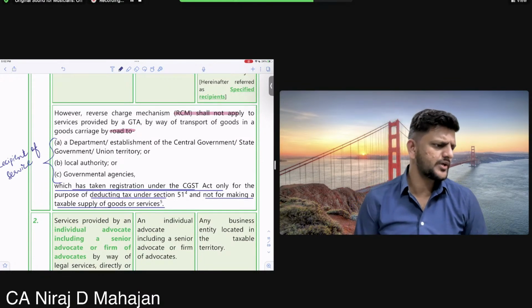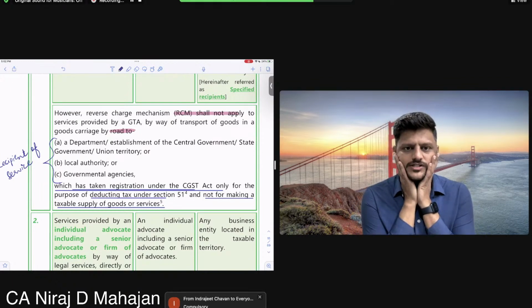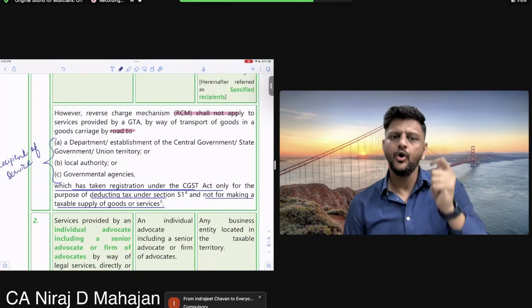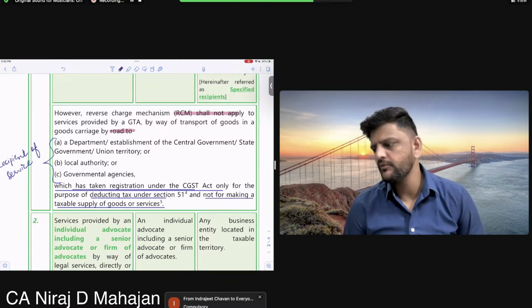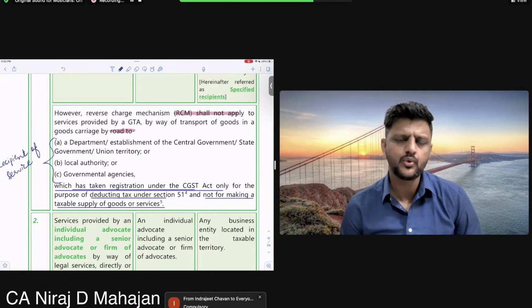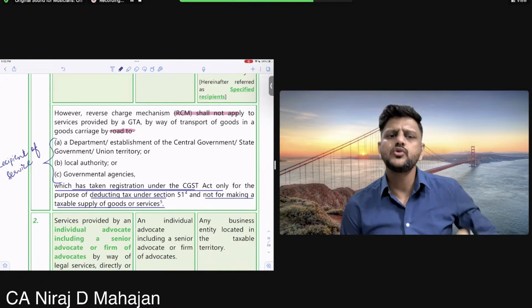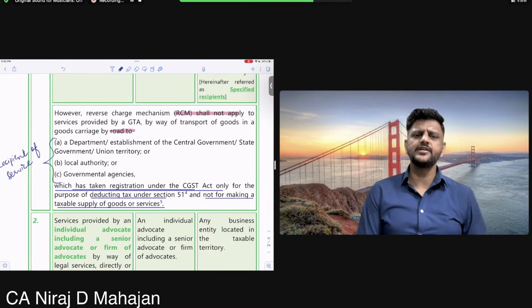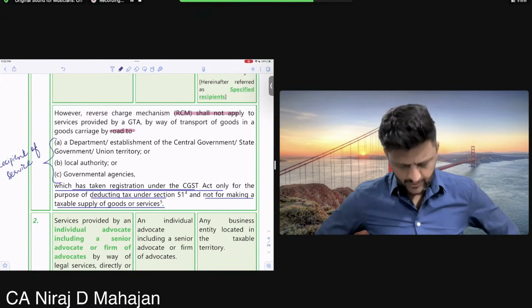Can anyone tell me what section 24 of GST is? Very good. Compulsory registration. E-commerce operator, TDS, TCS, or person liable to deduct TDS, person liable to collect TCS. They also have to register compulsorily. So here these government agencies, because of the TDS, TCS rules, have to register. Clear to all of you?